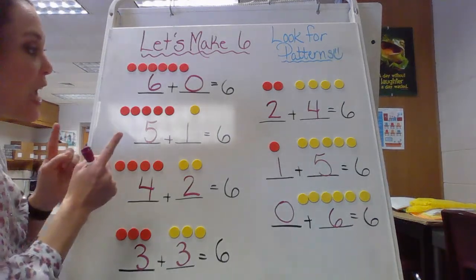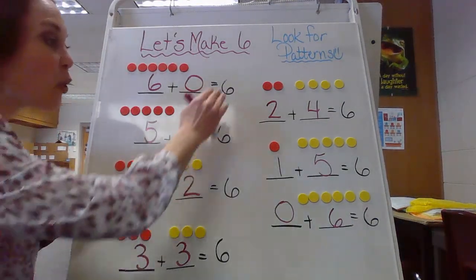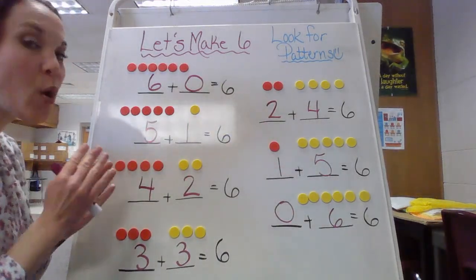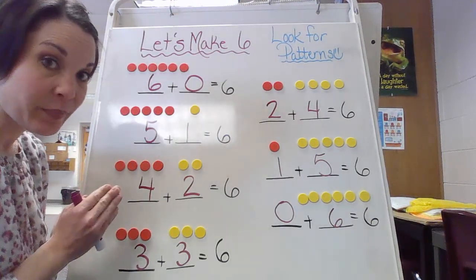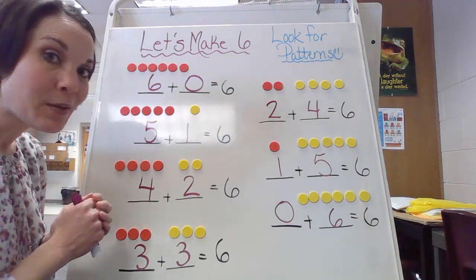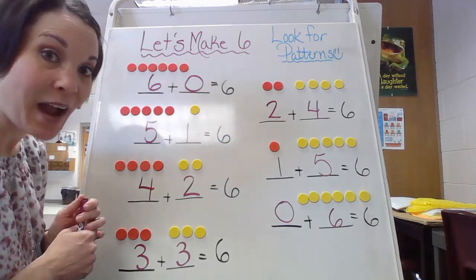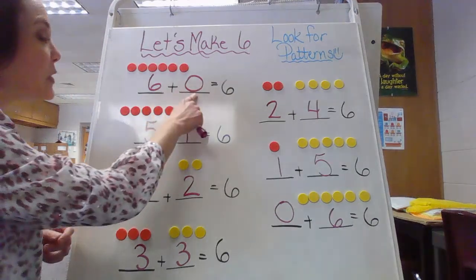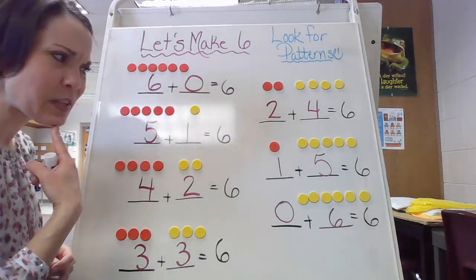So as you can see, when we do number sentences, and the further we went in our number sentence patterns, you can notice that there are some similar numbers. Some numbers are the same, but what they did was a flip-flop. I call them turnaround facts. Sometimes we call them flip-flops too. So here's a 6 plus 0. Do we have a 6 plus 0 or a 0 plus 6?